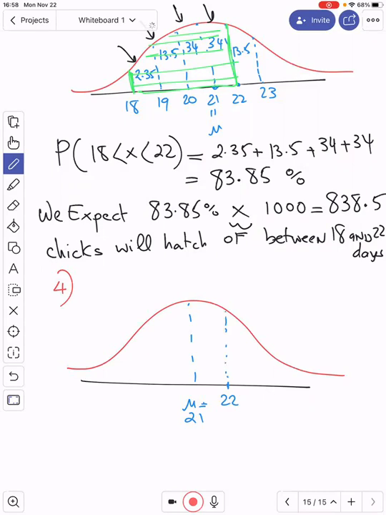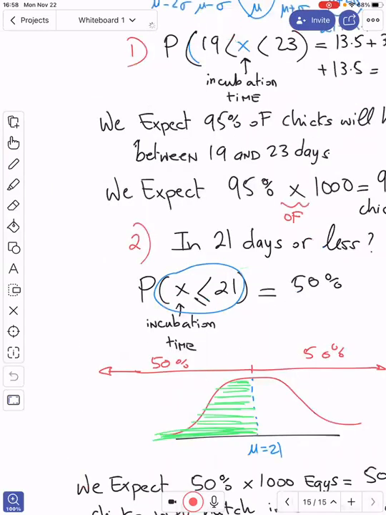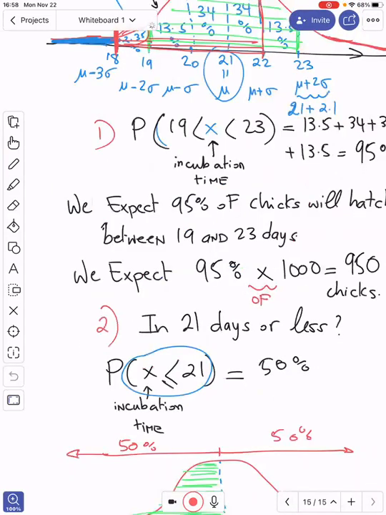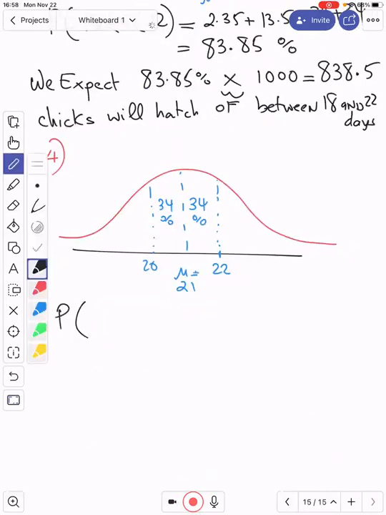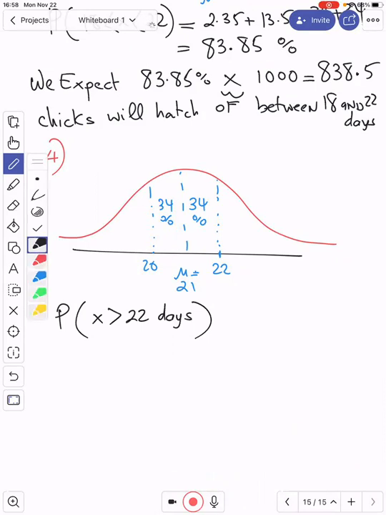So we have, this is 34%, etc. Here is 20, this is another 34%, etc. Anyway, we are looking for the probability that x is more than 22 days, right? So x is larger than 22 days.